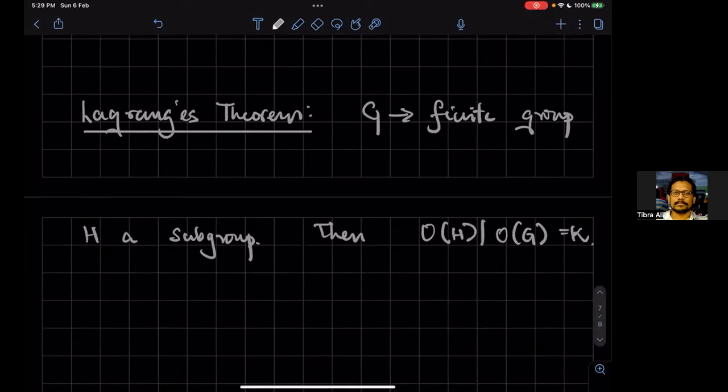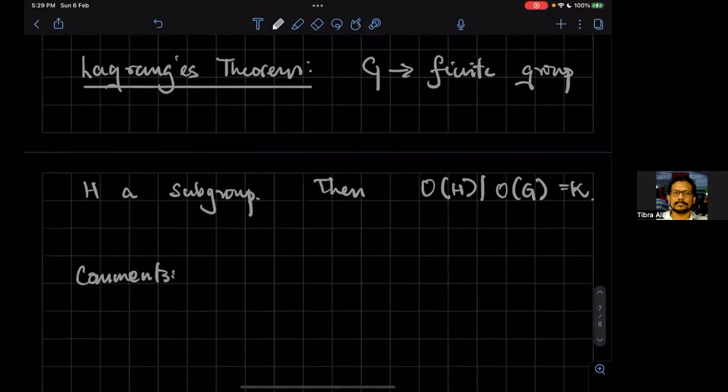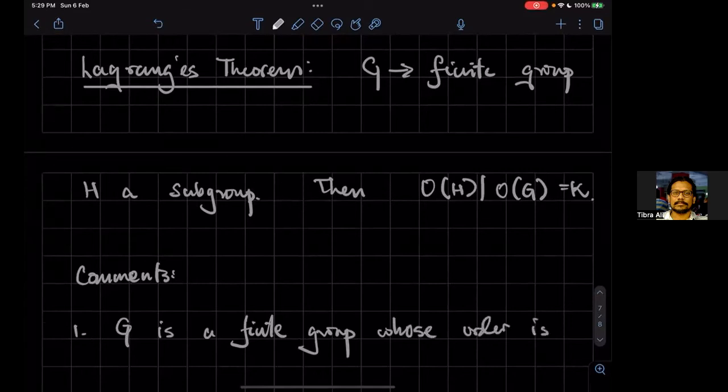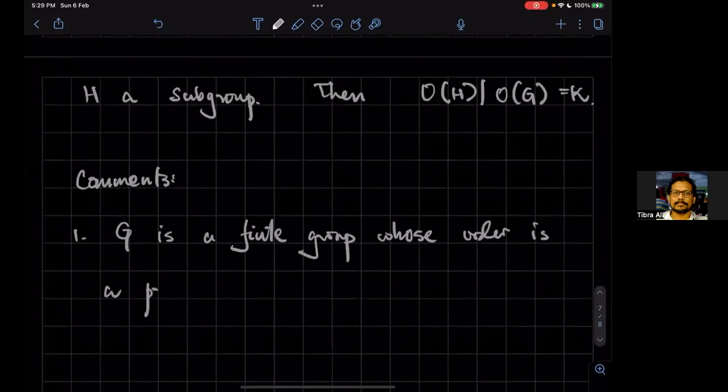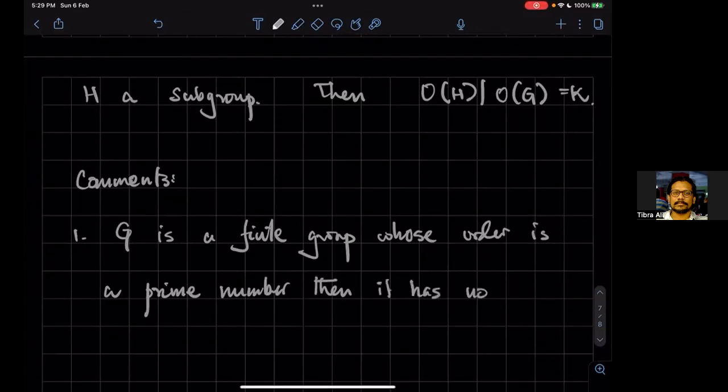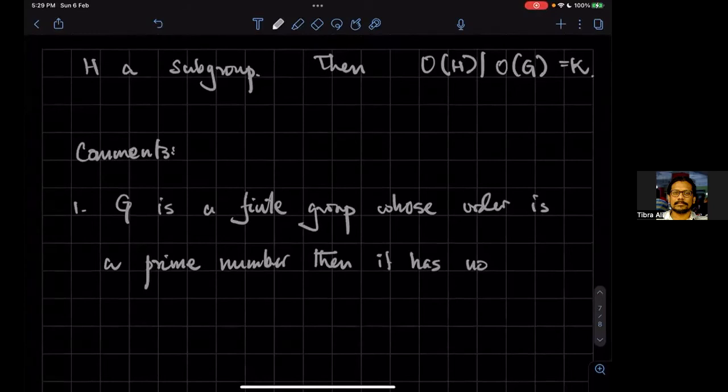So one of the comments you can make is, if G is a finite group whose order is a prime number, then it has no proper subgroup, right?